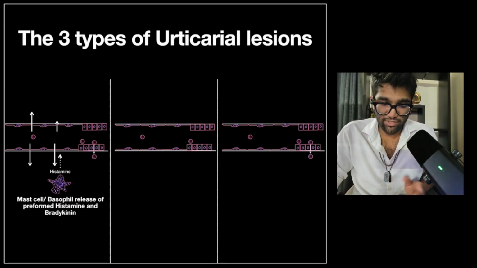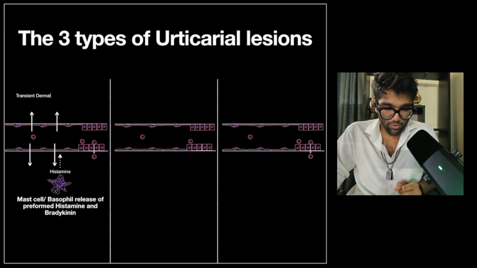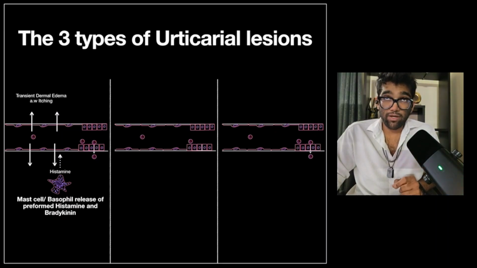So this is unusual. This is an abnormally functioning capillary bed. So this causes edema of the dermis. But importantly, this edema is transient because as soon as the histamine has been metabolized, that edema will resolve, and once the edema resolves, it will be a transient process.